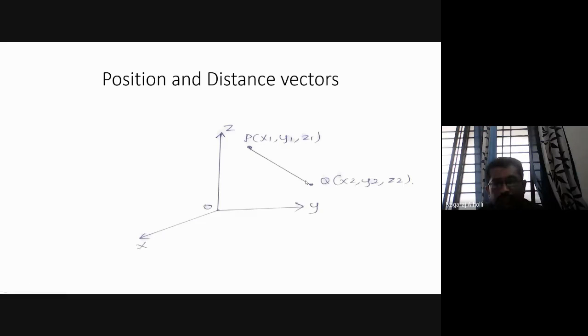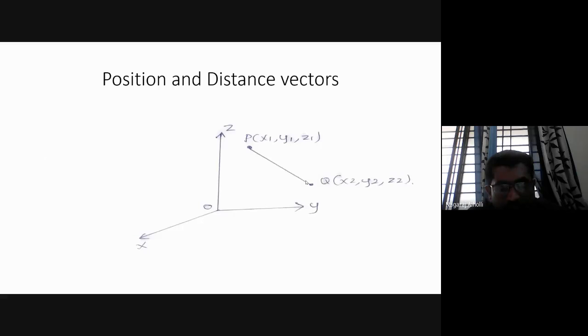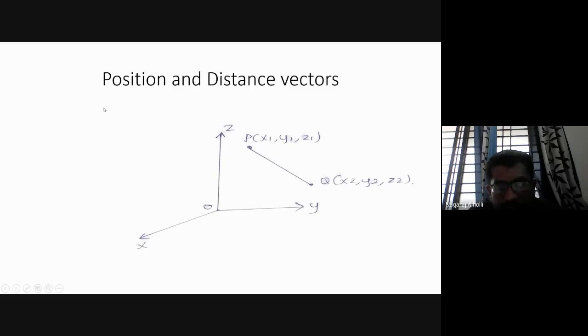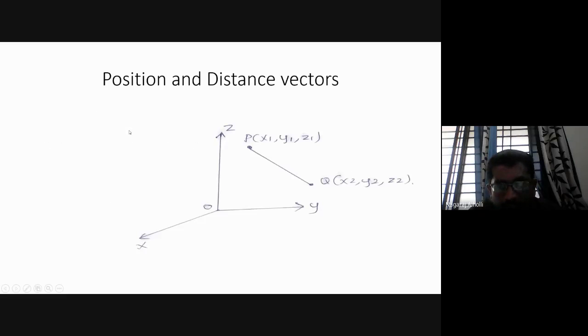So how to find that, students? The distance or displacement from P to Q is represented by distance vector PQ bar, and it is given by PQ bar equal to Q bar minus P bar. That is x2 minus x1. Coordinate of Q is x2 minus x1.